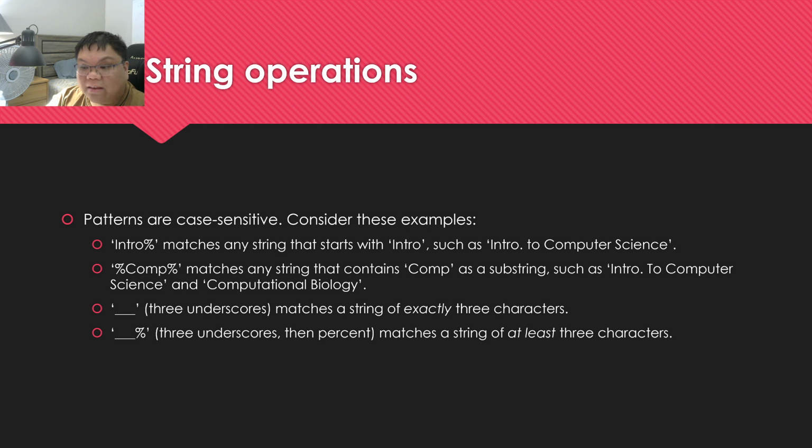Percent comp percent matches any string that contains comp as a substring, like intro to computer science and computational biology. Three underscores matches a string of exactly 3 characters, but 3 underscores and then a percent matches a string of at least 3 characters.